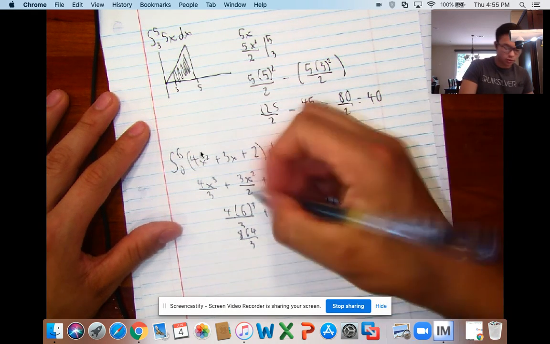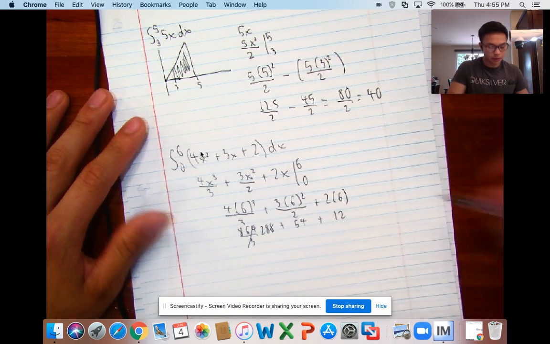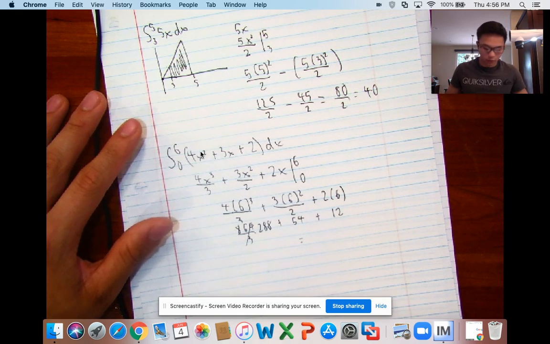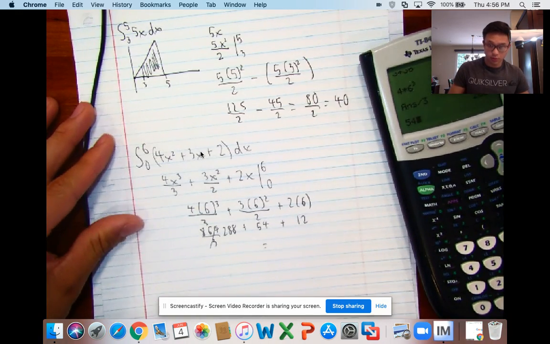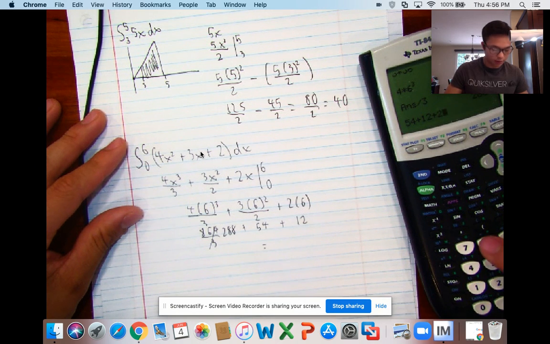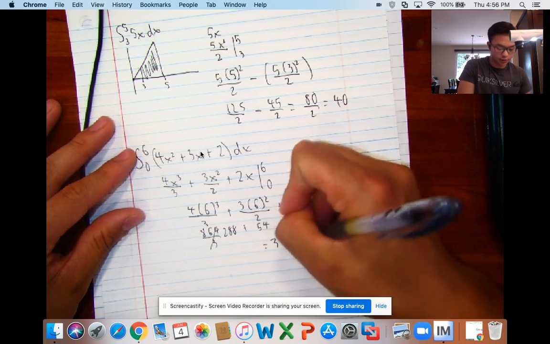That gives us 288. So this cancels out and we just get 288. So let's add these three together. 54 plus 12 plus 288. We end up with the final answer of 354.